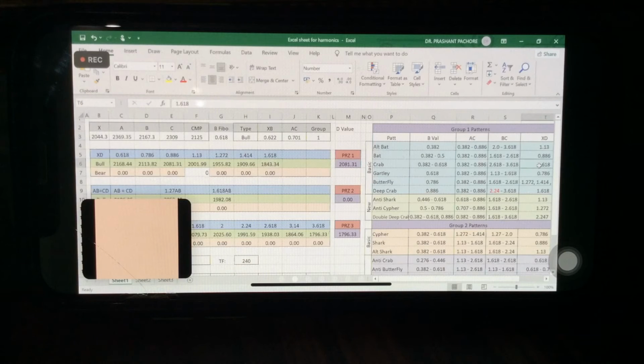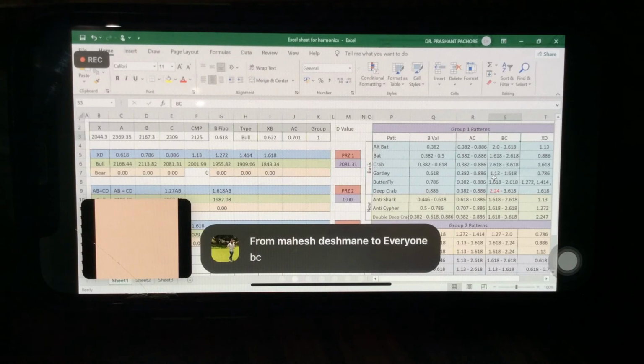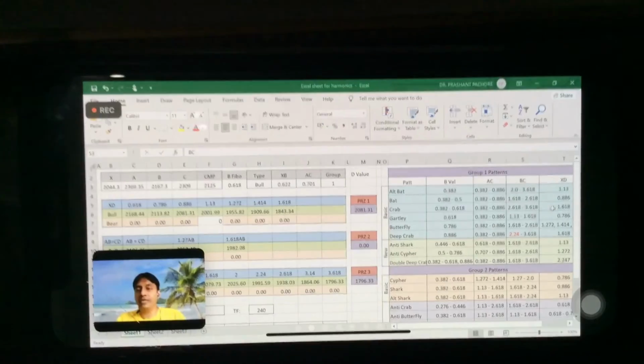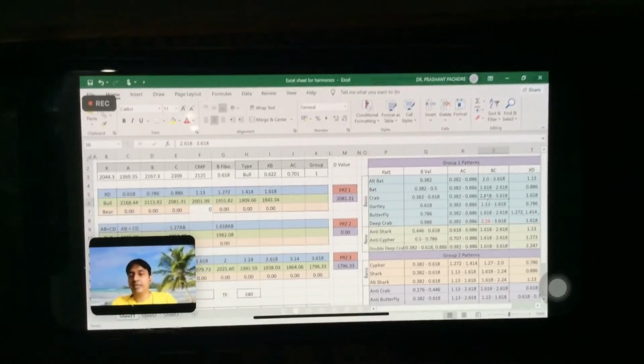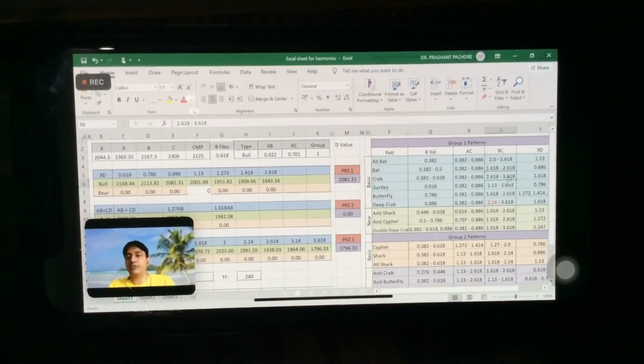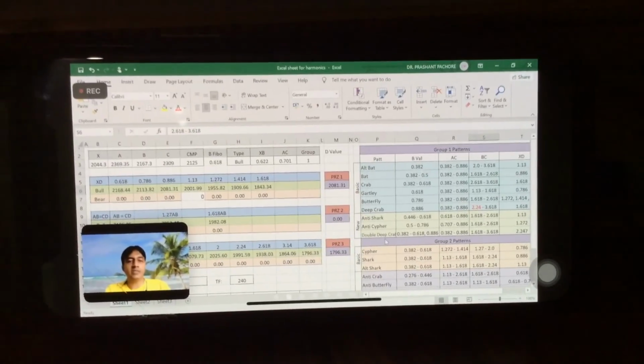Then, which is this S column? BC projection, right? It's BC projection. So if this is 1.618, BC I have to check from 2.618 to 3.618.